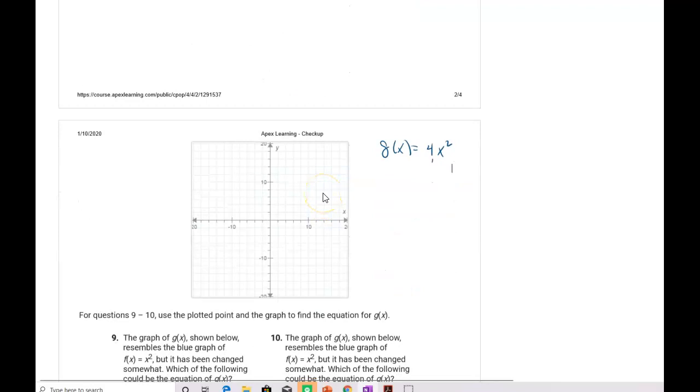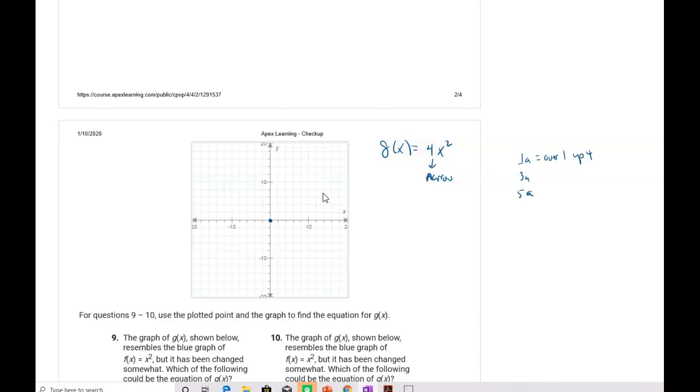So the next function, g of x equals 4 times f of x. Now, if we do 4 times f of x, we know g of x is equal to 4 times x squared, right? So this one, you know the 4 tells you it's going to get more narrow. Well, I know the vertex of this is going to be at 0, 0 because it didn't go up, it didn't go down. But if you remember the 1a, 3a, 5a from back in the day, I'm going to go over 1, up 4, because 4 times 1 is 4.